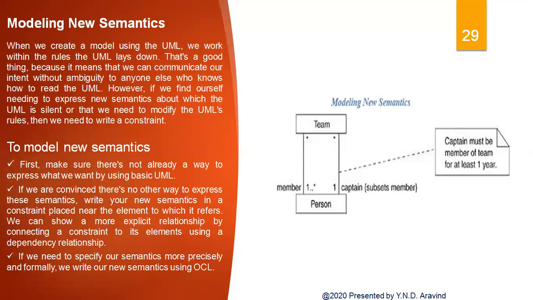So suppose in this example we model a small part of a corporate human resource system. Here this figure shows that each person may be a member of 0 or more teams and each team must have at least one person as a member.